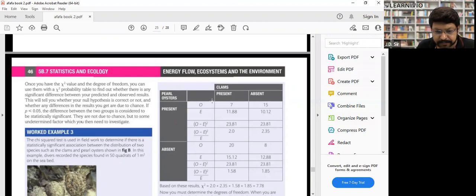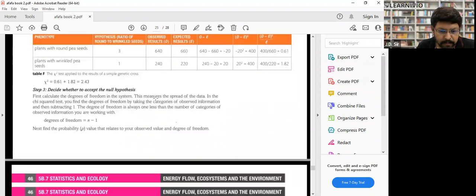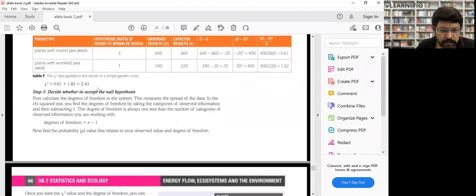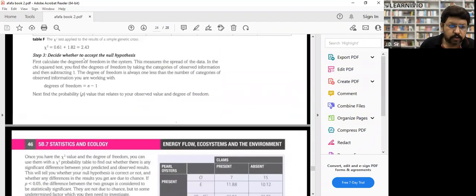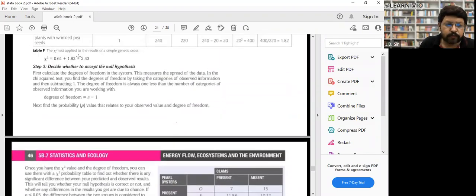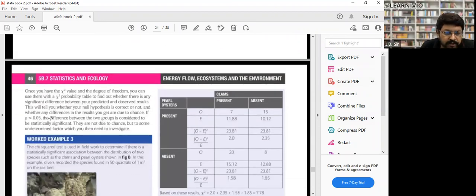Now what is the total value of x square? So is p less than 0.05 or more than 0.05? If it is more than, then what is the result?